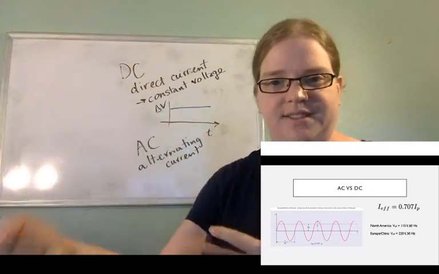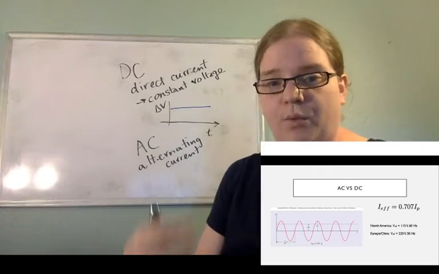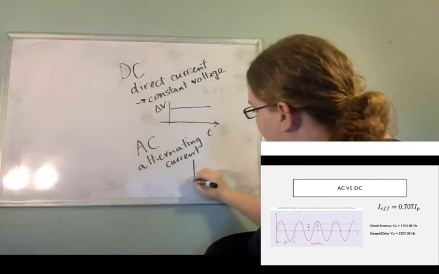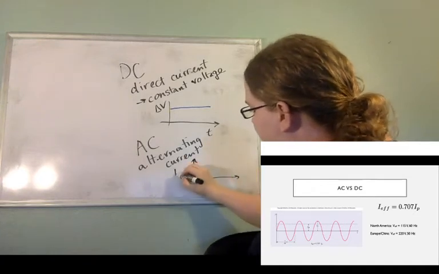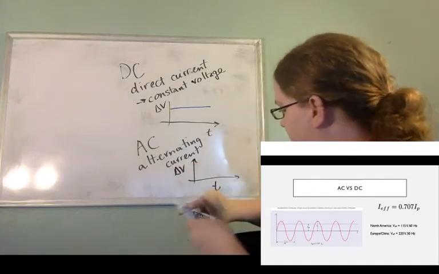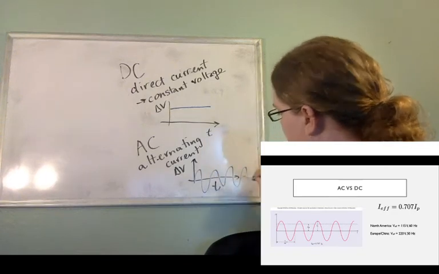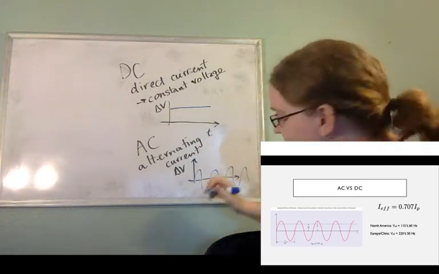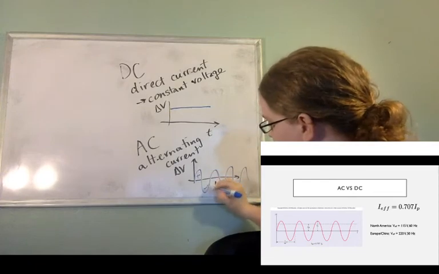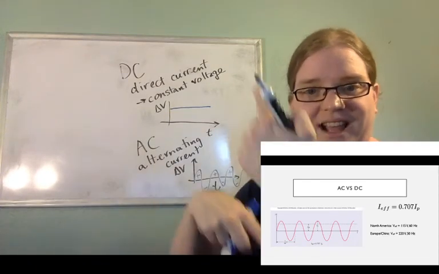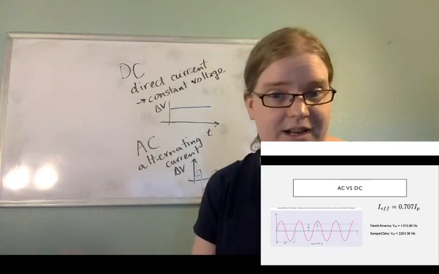You alternate this to that, to this to that. And what is it that we're alternating? We're alternating sign. So again, here's my delta V, here's time, and now it might look something more like this, where it looks like a sine or a cosine, but it's going from positive to negative, positive to negative. It's constantly switching signs. That's why it's called alternating.